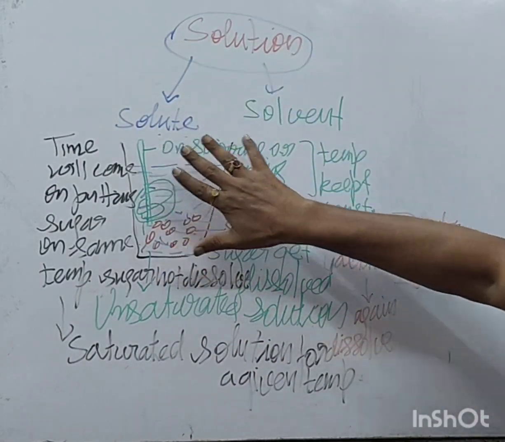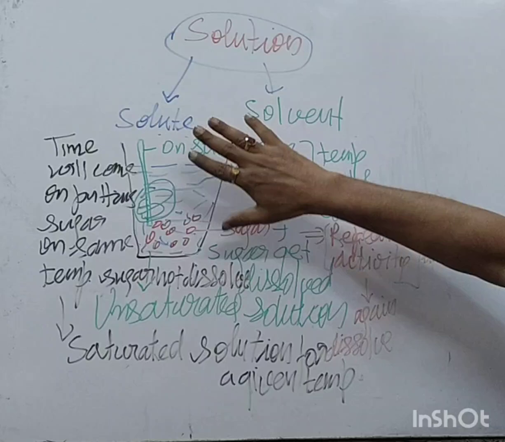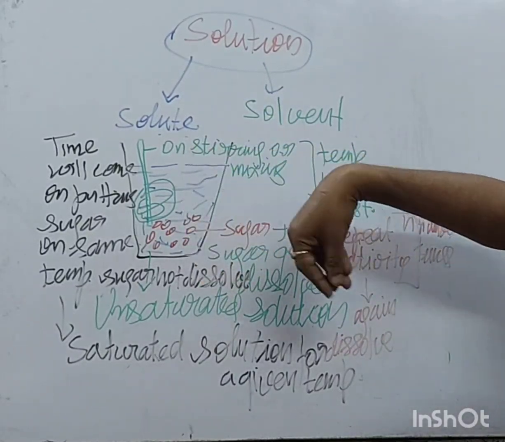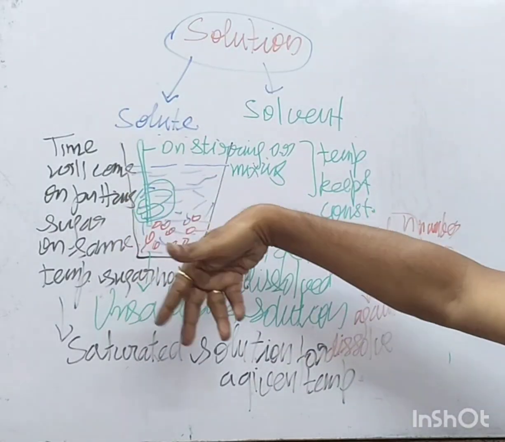So what I told you here: a solution has solute and solvent. When you keep dissolving sugar in it, and it gets dissolved, it means it is unsaturated.